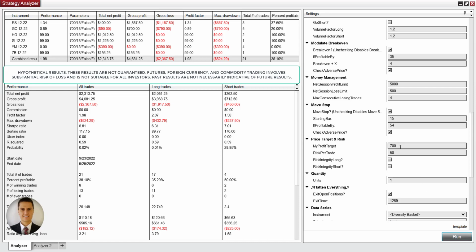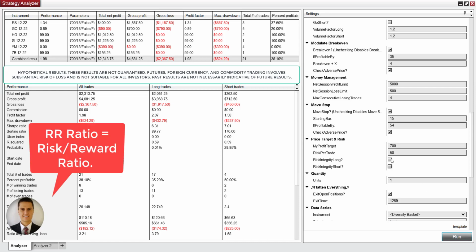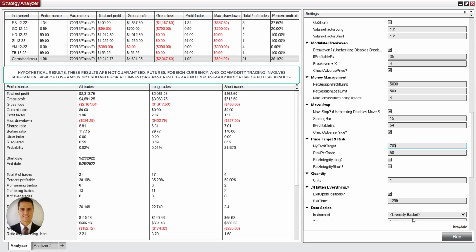Okay, and just remember, guys, the RR ratio, that's the key here. You want the RR ratio to be set up correctly. I've seen that so many times where people in various YouTube videos don't even discuss their stop. They don't want to talk about it. They basically sort of hide the fact that they have a stop even. Because if they showed you the stop, you'd be like, whoa, that's a crazy stop, right?